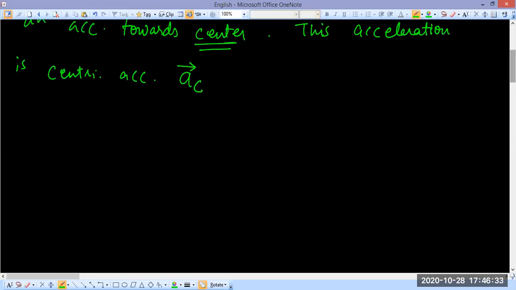Right? What is AC equal to? So for that, we will draw lots of diagrams. So suppose here is a circle in which some object is moving, right?